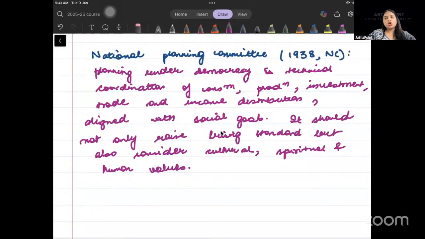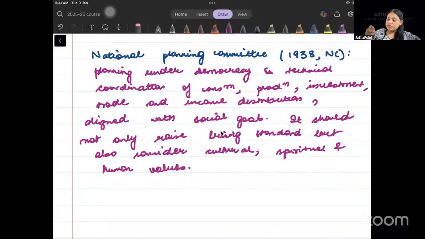Aligned with social goals. हमें इनको coordinate तो करना है, but we have to ensure equality, equity, no differentiation based on religion, region, gender, etc. तो जो भी हमारे social goals हैं, that we have to reduce poverty, whatever our social goals are, we have to make sure कि वो social goals भी meet हों. We have to meet those social goals also, right?